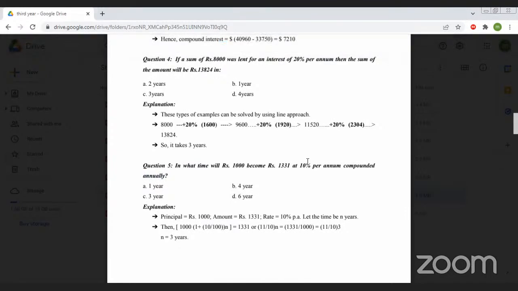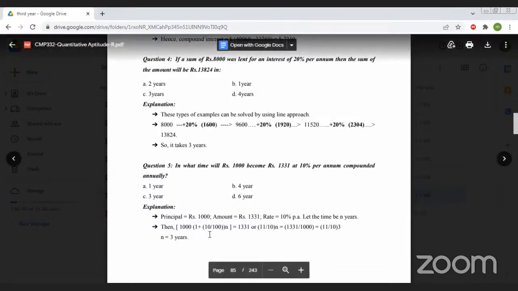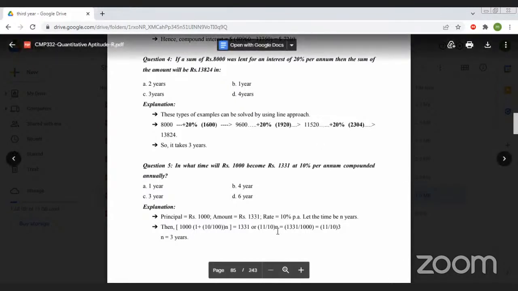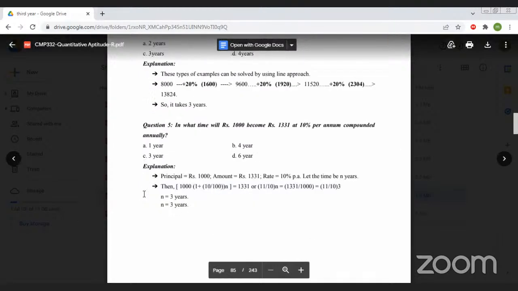R is 10%. And n is not given to us, right? So the formula for this will be in this form, raised to the power n. So 1331 over 1000 is 11 upon 10 raised to the power n. So when you solve the sum, you're going to get n equals 3.